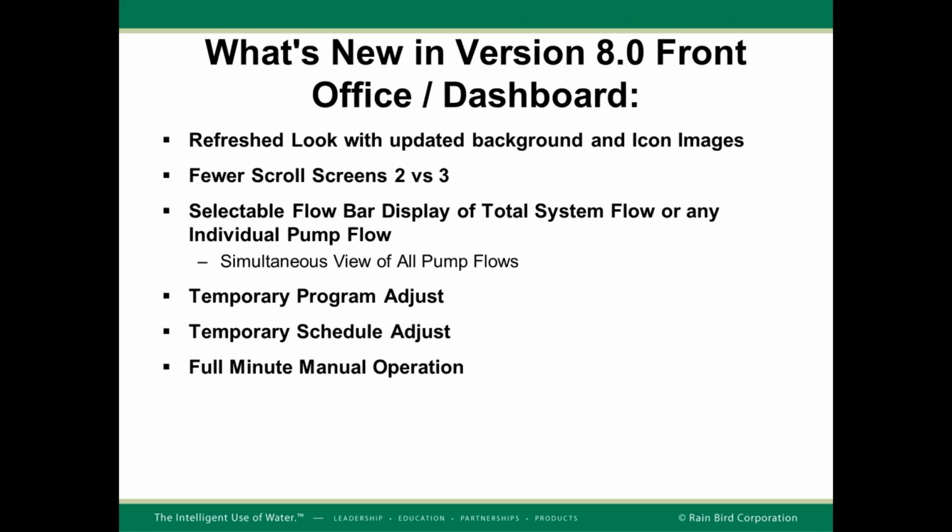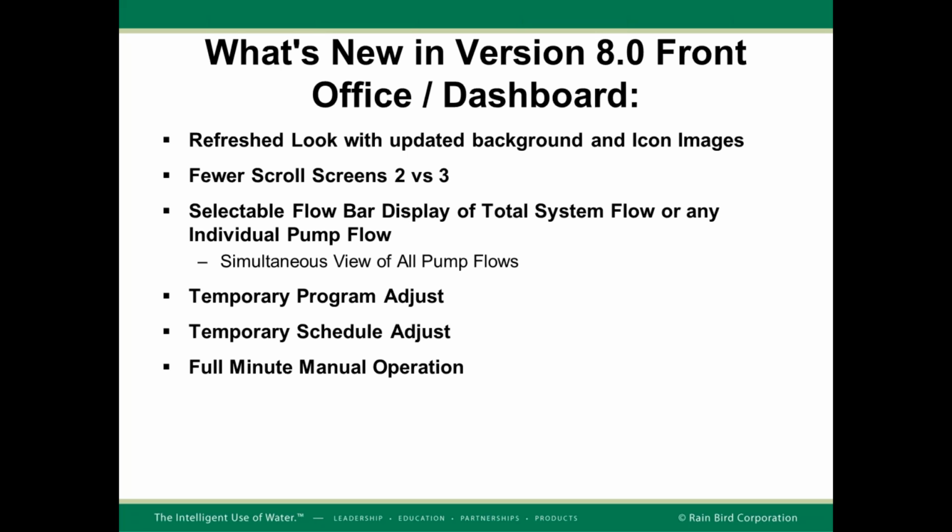Now this is a great feature. Many of you who have used our software for many years have found that if you run a manual irrigation cycle and you start it at, let's say, 8:05 a.m. and 30 seconds, if you run a manual operation, it will start immediately, but it will not run a full minute historically, because our irrigation always has historically started and stopped at the top of the minute.